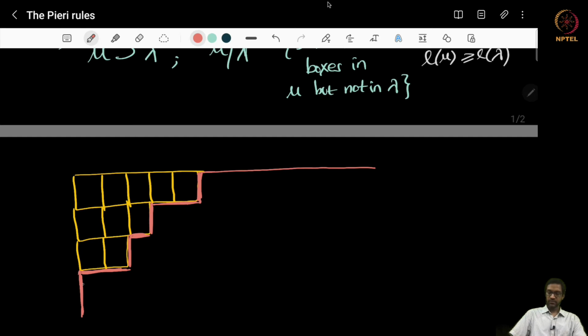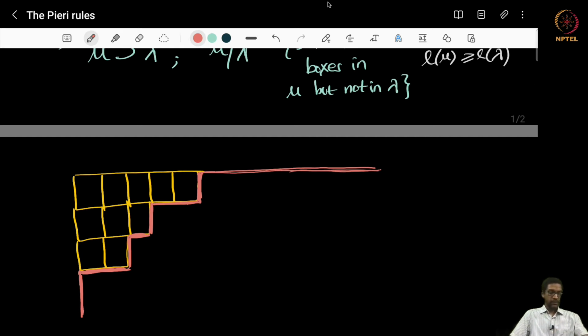There's a semi-infinite vertical line, then horizontal segments, vertical, horizontal, vertical, 2 horizontals, 1 vertical, and a semi-infinite horizontal segment. You think of this as the boundary of lambda.